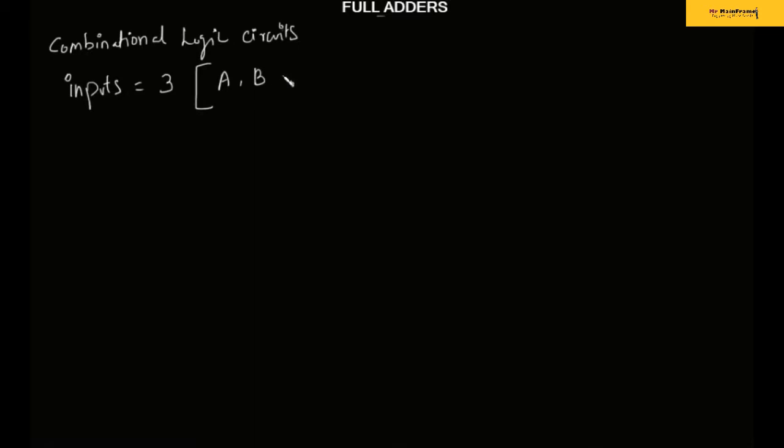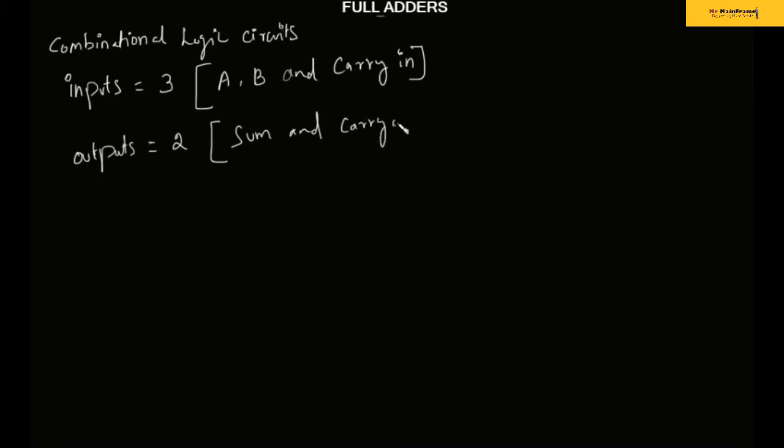So we have one more input, carry in, in the case of full adders. In the case of half adders, you have only A and B. And they have 2 outputs, sum and carry out. These are the 2 outputs of a full adder.